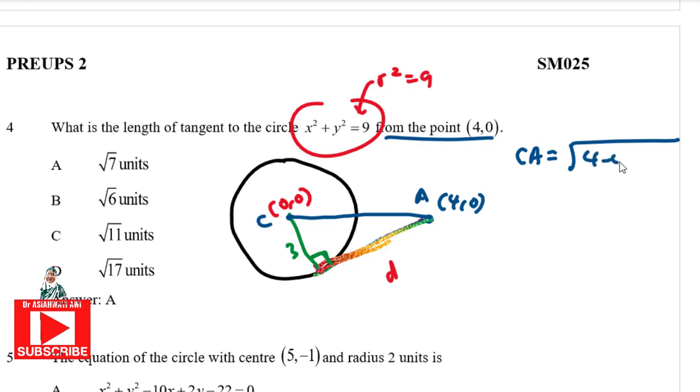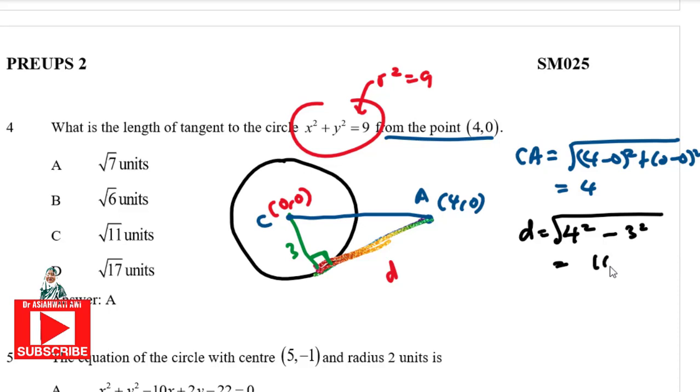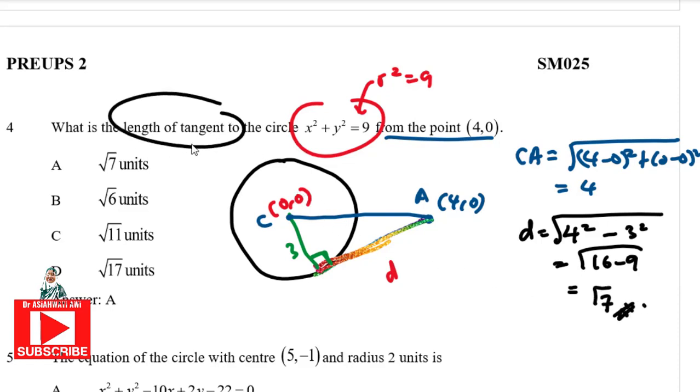Okay, square root of (4 minus 0) squared plus (0 minus 0) squared is equal to 4. Then we use the Pythagoras theorem. D is equal to the square root of 4 squared minus 3 squared. So 16 minus 9 is equal to 7. The answer is 7. This is the length of the tangent, 7 units.